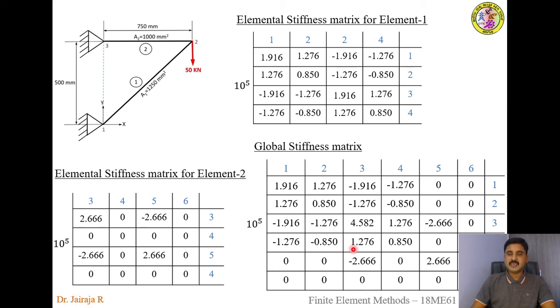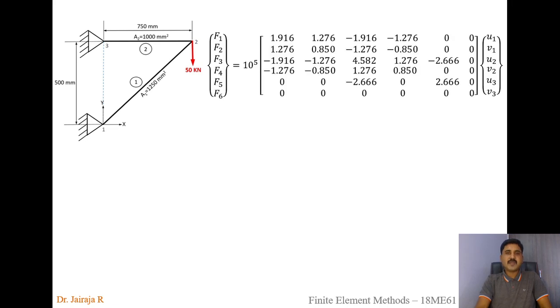So this is the global stiffness matrix, and we know the equilibrium equation: F is equal to K into U. F is the force vector, K is the stiffness matrix, and U is the nodal displacement vector. Since there are 3 nodes and each node has 2 degrees of freedom, the force vector has F1, F2 at node 1, F3 and F4 at node 2, and F5 and F6 at node 3. F5 is along the x direction, F6 along the y direction.